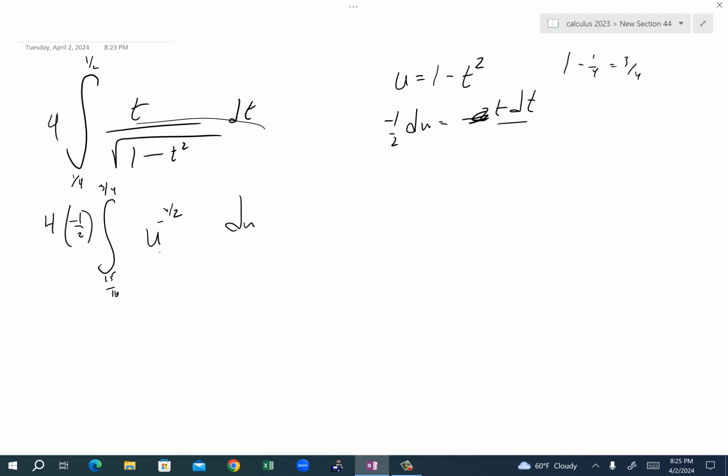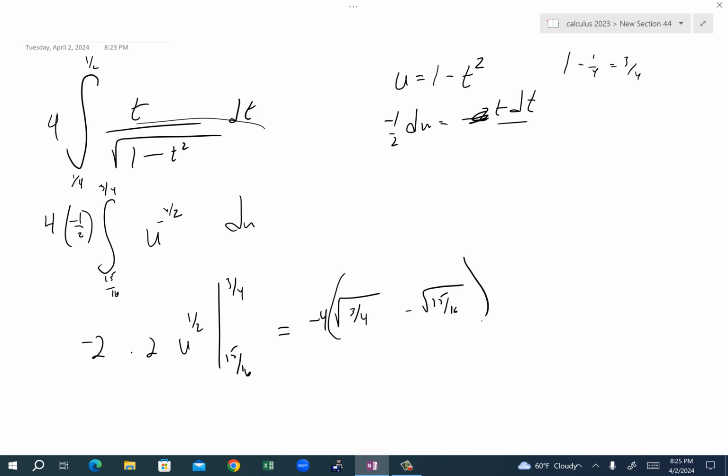The antiderivative would be u to the 1/2 times 2. And so if you plug that in, you end up with negative 4 times the square root of 3/4 minus the square root of 15/16. And that'd be your answer.